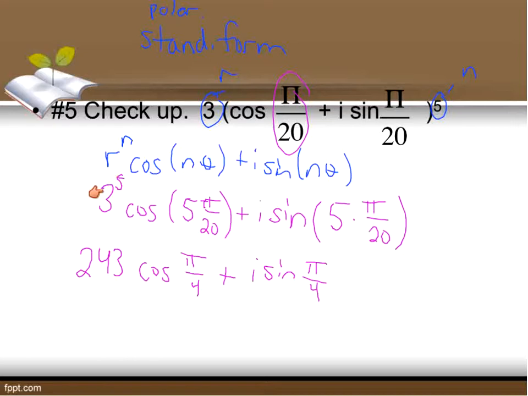So 3 times 3 times 3 times 3 times 3. I was just simplifying a little bit. Good question. Any other questions how I went from pink to pink? And at this stage it's called polar form.